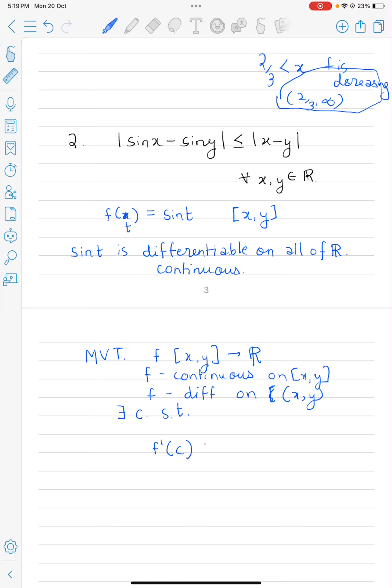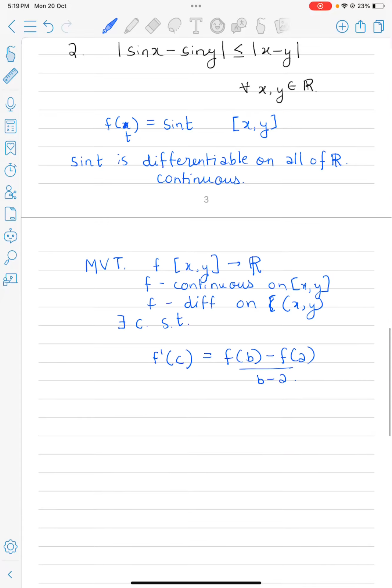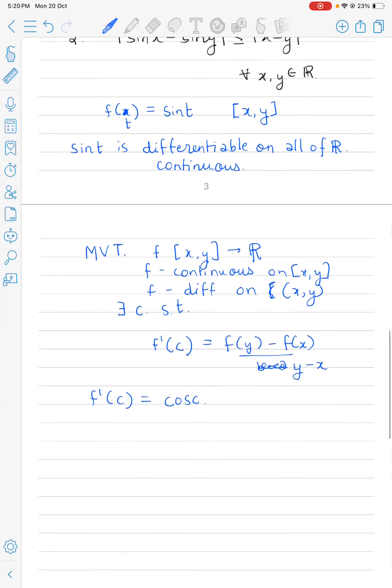f dash c is equal to (f(b) minus f(a)) by (b minus a). Sorry, f(y) minus f(x) by y minus x. So I'm going to use this. What is f dash c? F dash c in our case will be cos c, because the differentiation of sin is cos.